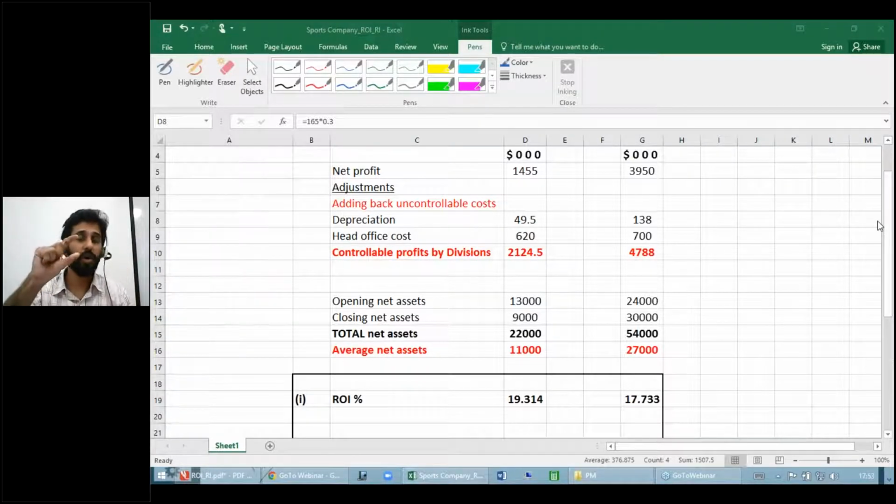I have got no control over these costs. So I am adding it back to increase my profit, because now that profit is in my control. Nidusha Sekar, your feedback on this, do you understand? That's good.